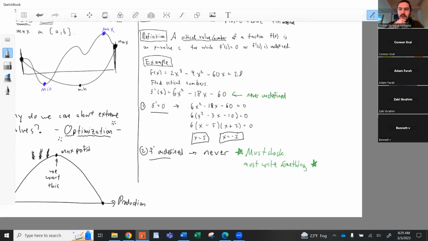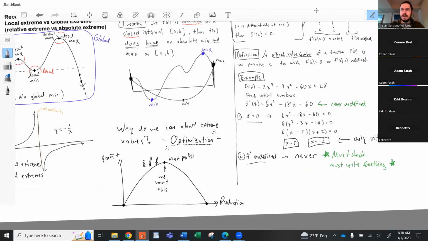So the only critical numbers we have for this function are these two. And if we check the graph of this function, if we get into Desmos and graph this 2x cubed minus 9x squared, and so on, let's take a look at what we see.